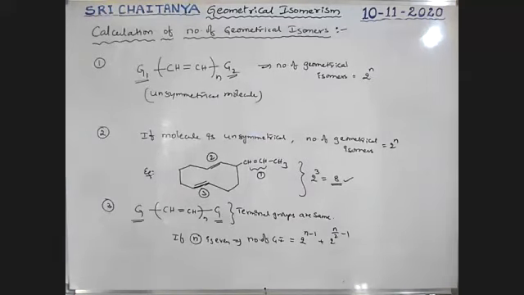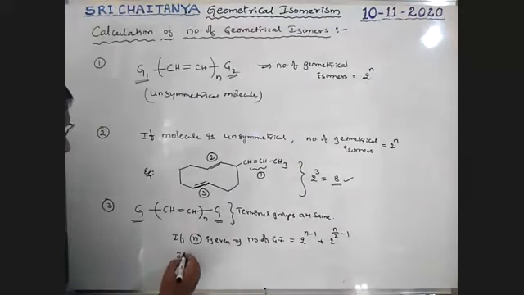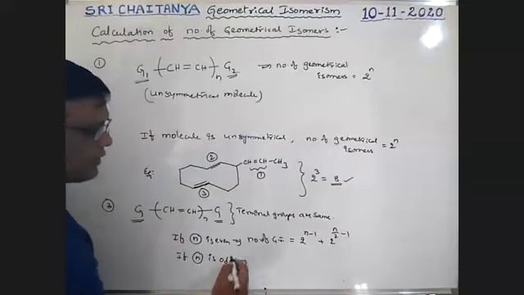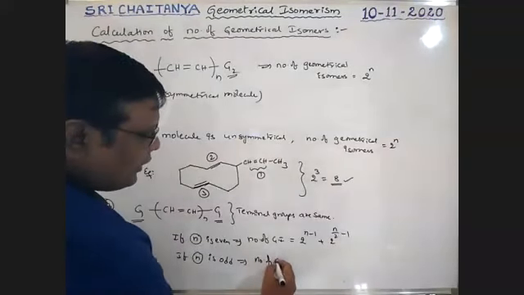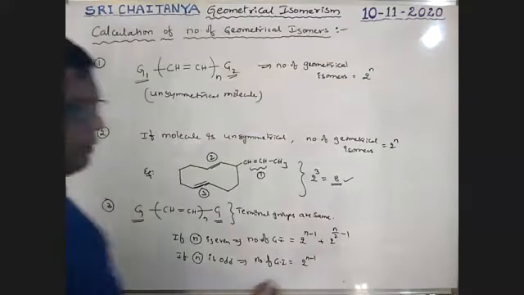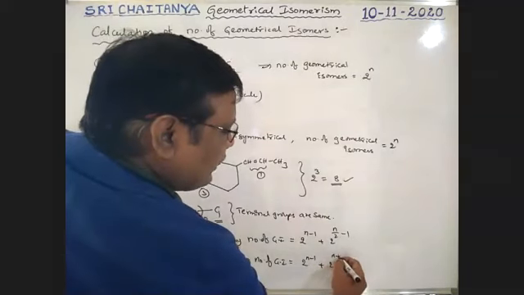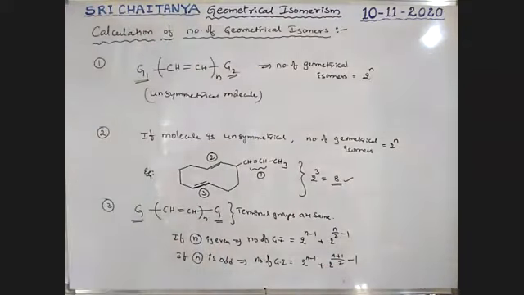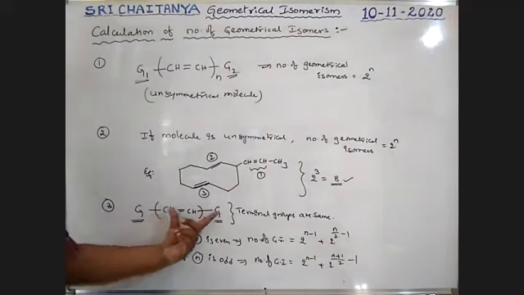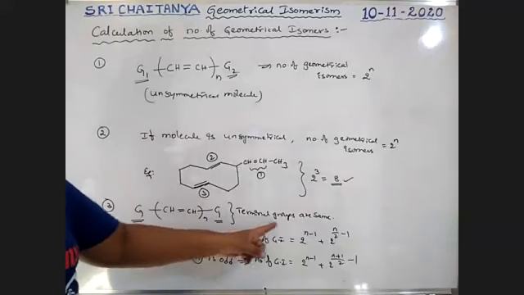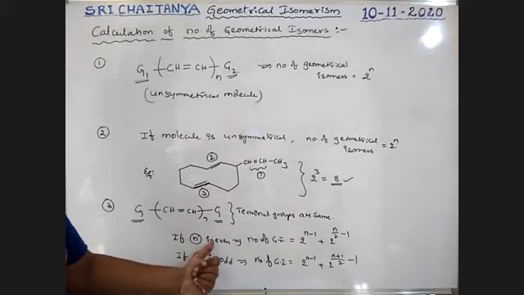That is if n is even. If n is odd, the number of geometrical isomers is equal to 2 power n minus 1 plus 2 power n plus 1 by 2 minus 1. So that means if terminal groups are same, n may be even or odd.